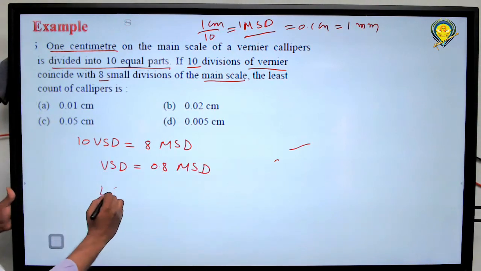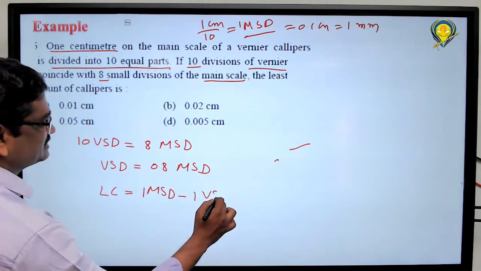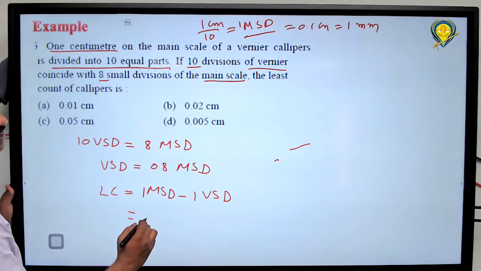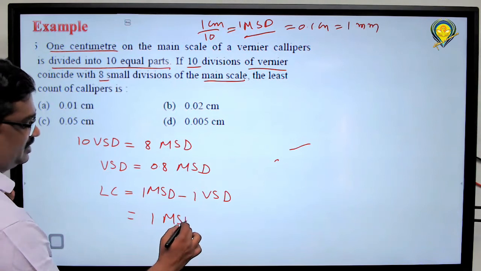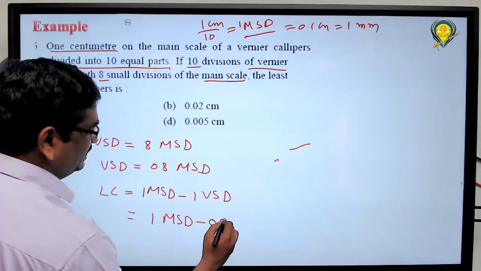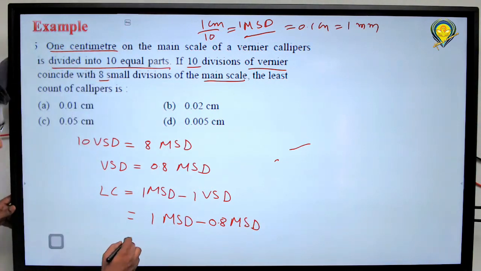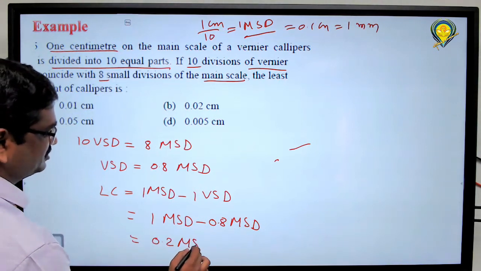Least count is 1 main scale division minus 1 vernier scale division. 1 main scale division is 0.1 cm, or 1 mm. And 1 vernier scale division is 0.8 main scale divisions. So 1 minus 0.8 is 0.2 main scale divisions.